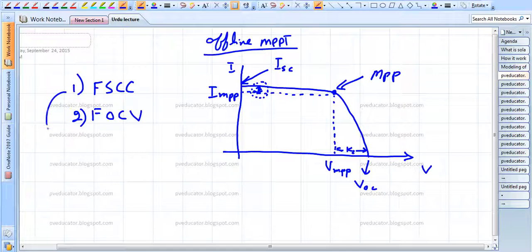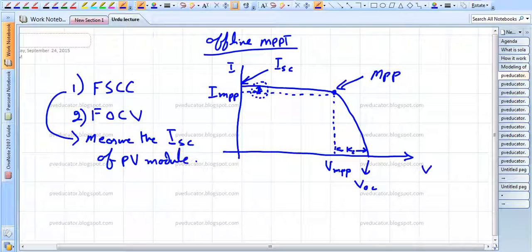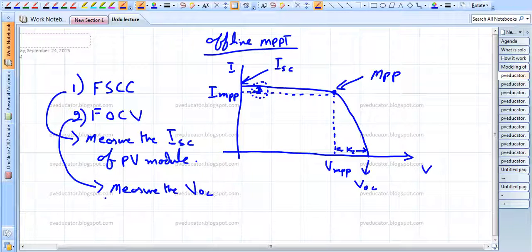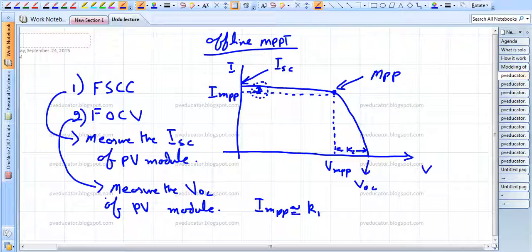So for fractional short circuit current, we need to measure the short circuit current ISC of a PV module, and for the other method we need to measure the open circuit voltage of the photovoltaic module. Mathematically, IMPP is approximately equal to K1 into ISC.